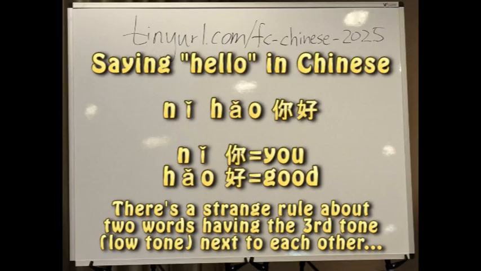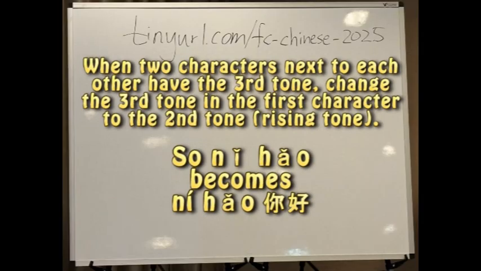Individually, this character is 你 and this is 好, so you would think it would sound like nǐ hǎo, but if you have two characters that are both the third tone, the first one changes to the second tone. So it would be ní hǎo. Yeah, so that means hello, and now you can say it with the correct tone.